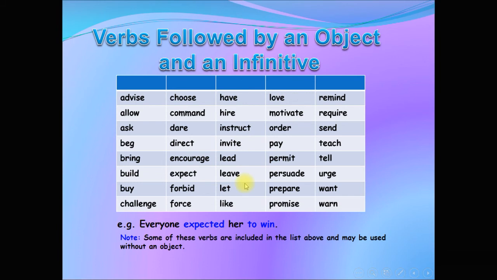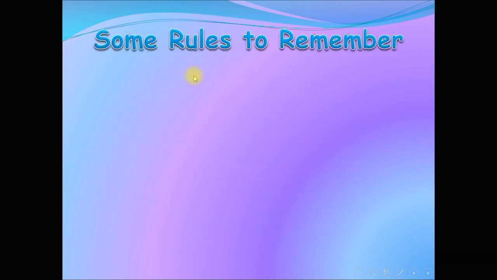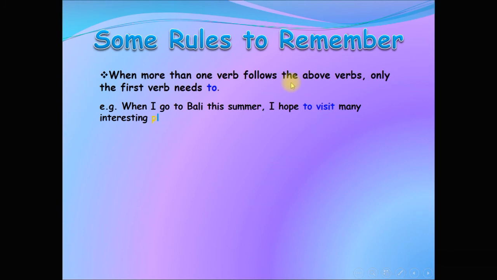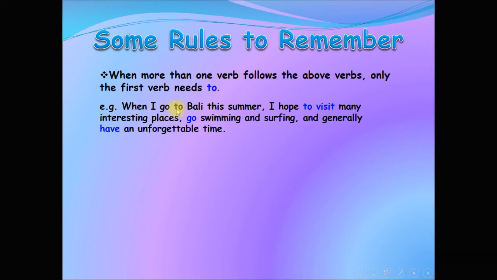Okay, there are some rules to remember. When more than one verb follows the above verbs, only the first verb needs "to". For example, when I go to Bali this summer, I hope to visit many interesting places, go swimming and surfing, and generally have an unforgettable time.